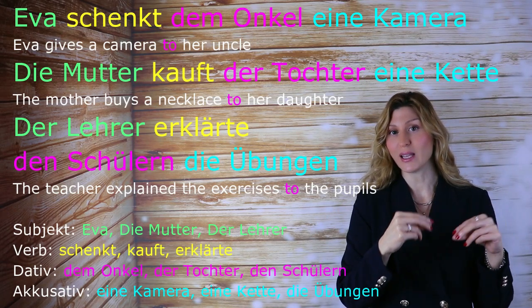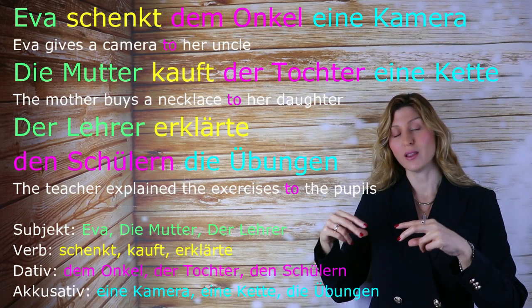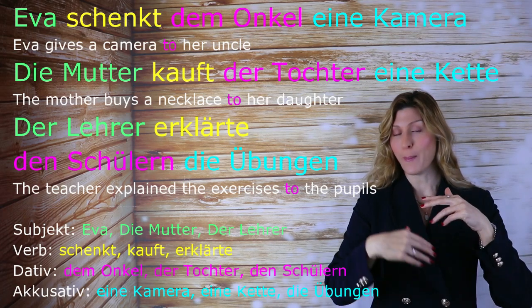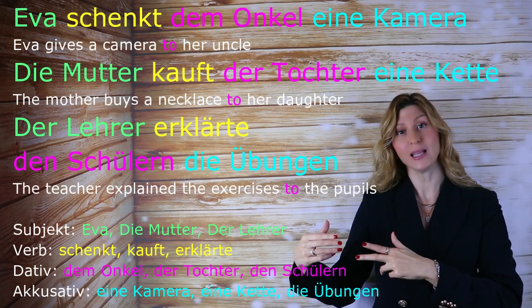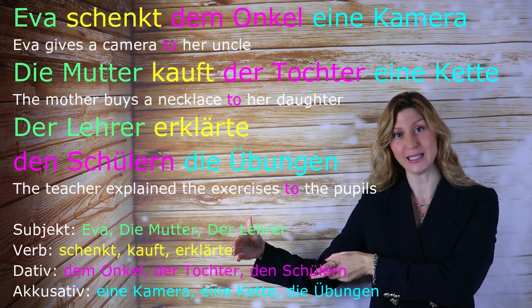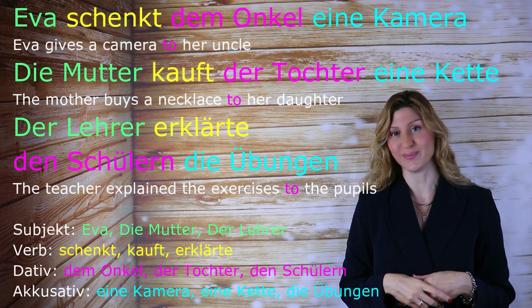The indirect object is to whom the action is intended. And the mother buys a necklace for her daughter. So the daughter is intended. Der Tochter, Dativ.